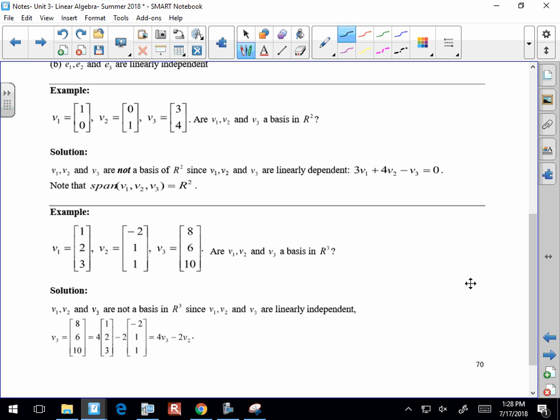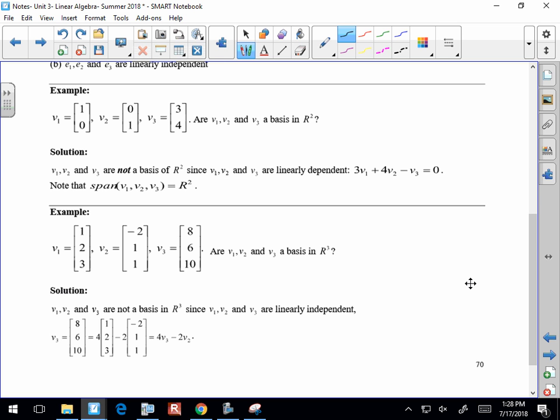We have a linear dependent relationship here, right? So if you run this through your calculator and row reduce it, you see that you have a dependent variable, right? Because you don't have linear independence throughout, and the question is asking, are V1, V2, and V3 a basis of R2?